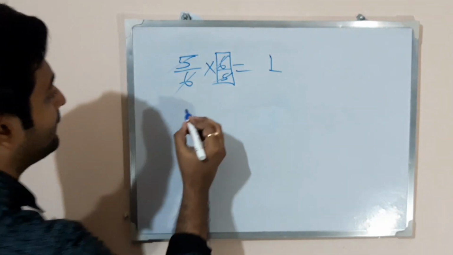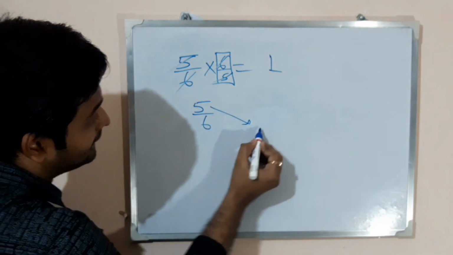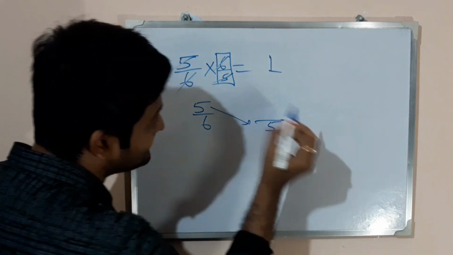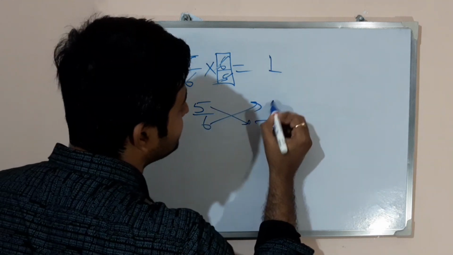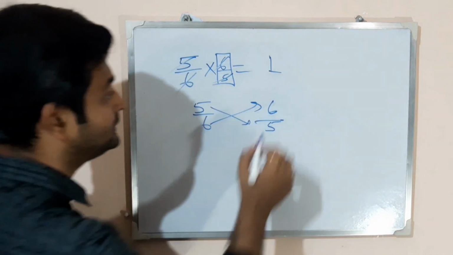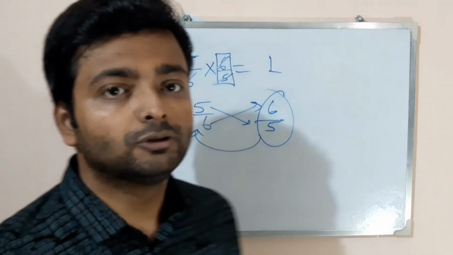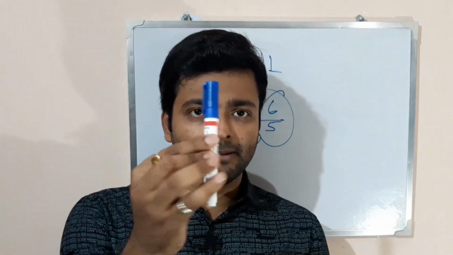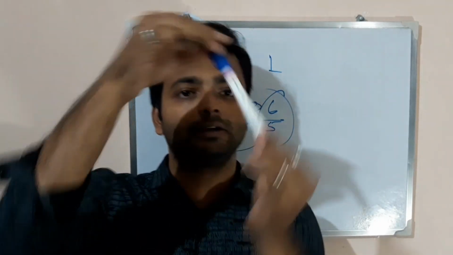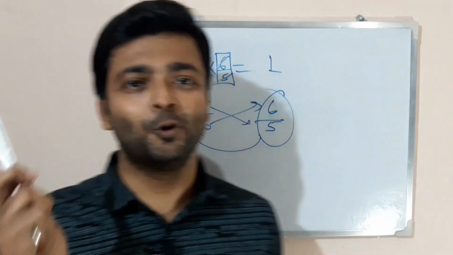Sir niche pair upar: 5 by 6 is the number, its numerator goes to the denominator place, and the denominator goes to the numerator place. So this is the reciprocal of this number. That is how we can remember it: pura ulta.